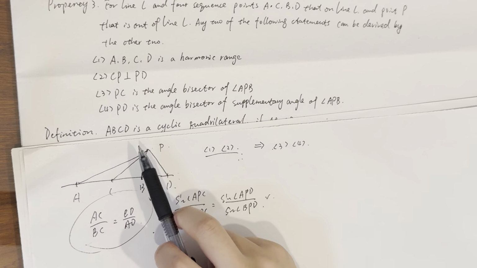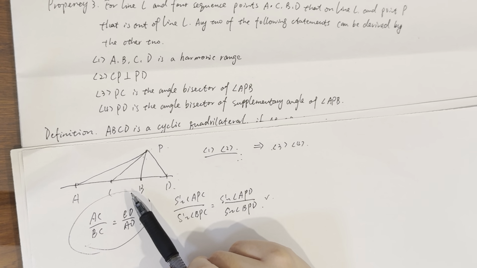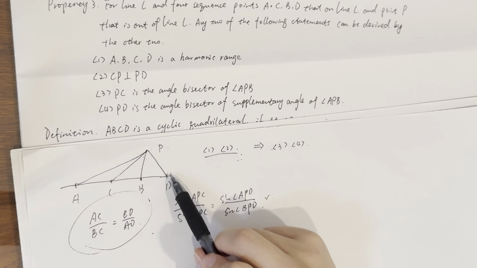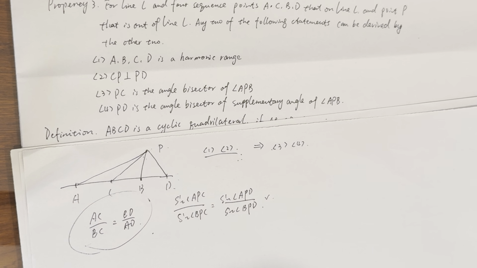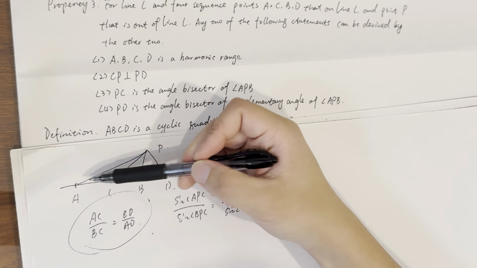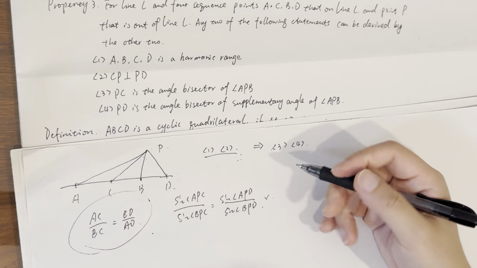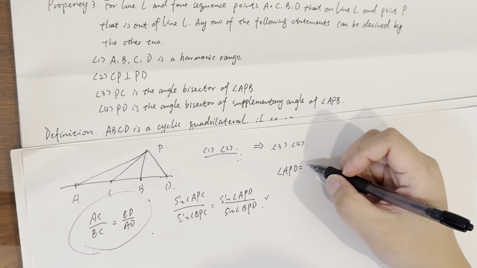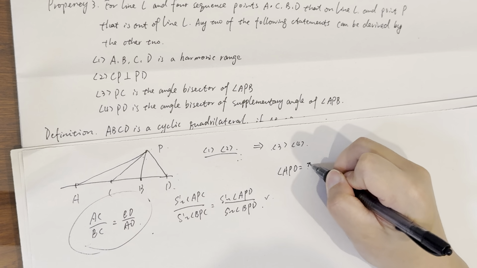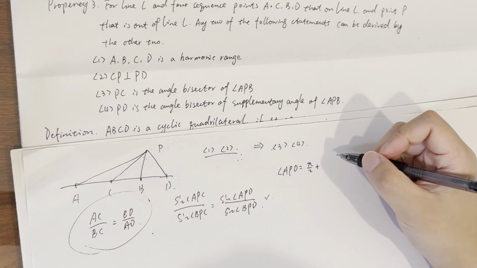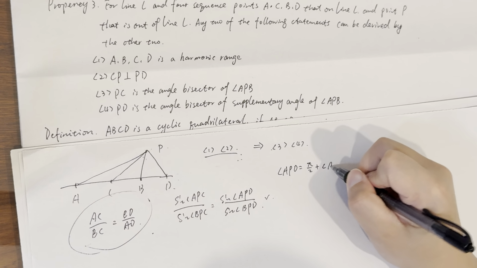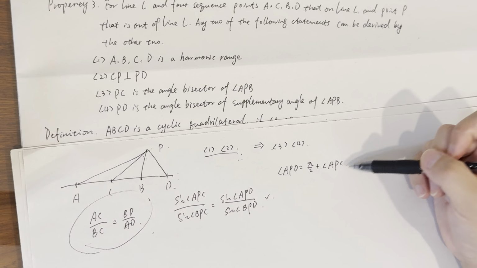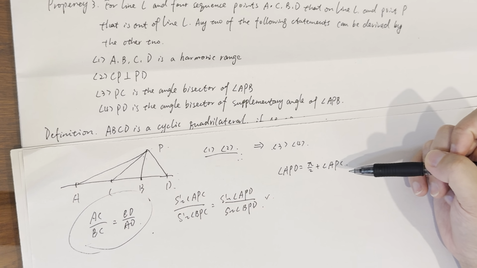And also we know that CP is perpendicular to PD, right? Which means angle APD equals pi over 2 plus angle APC, or 90 degrees plus angle APC, right?